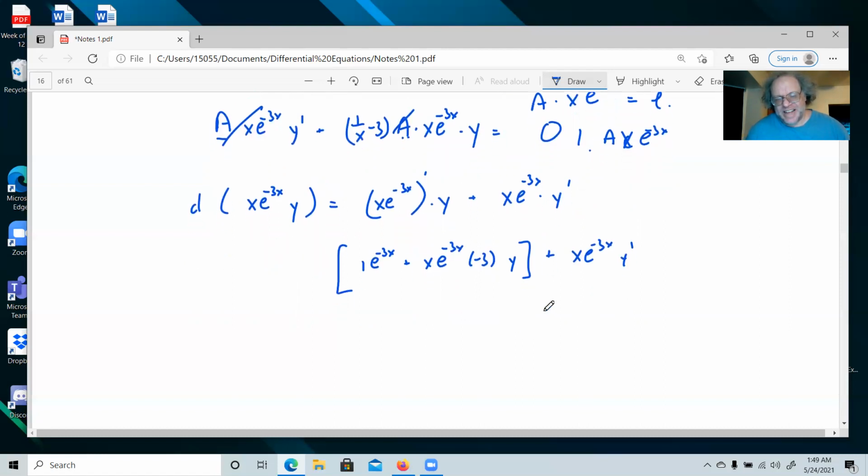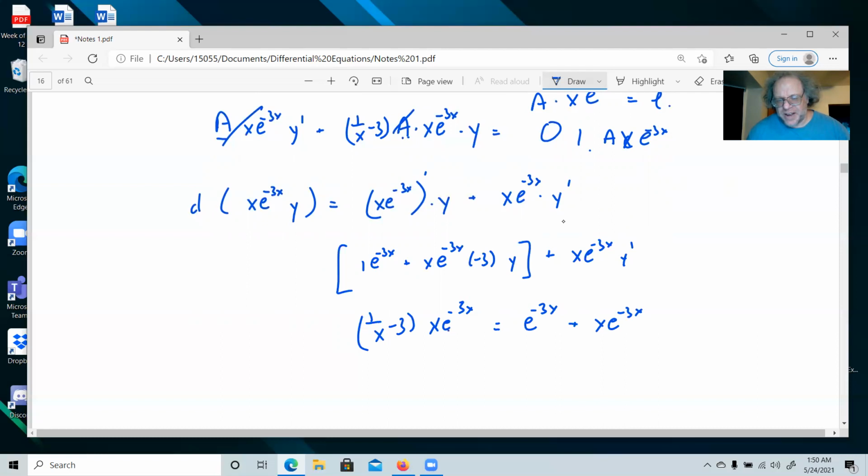But is 1 over x minus 3x e to the negative 3x equal to e to the negative 3x plus x e to the negative 3x?